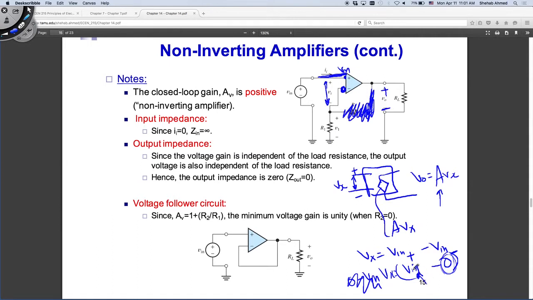For example, if I put something here equal to V input, then Vx will be driven to 0, then the open loop gain A is not going to control my op-amp's output. Actually, the op-amp output due to the open loop gain will be 0. It's no longer the open loop gain that's controlling my output anymore.